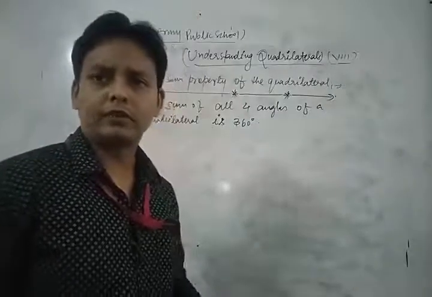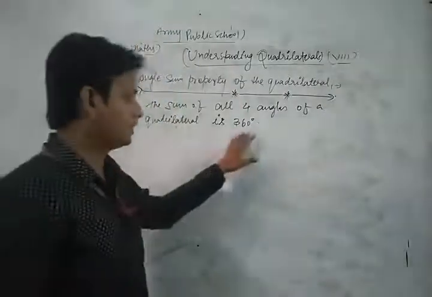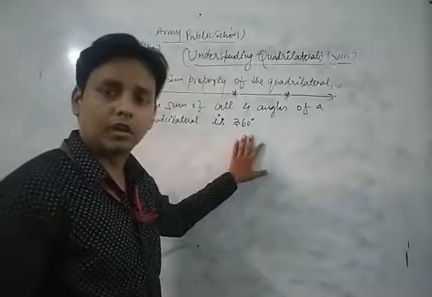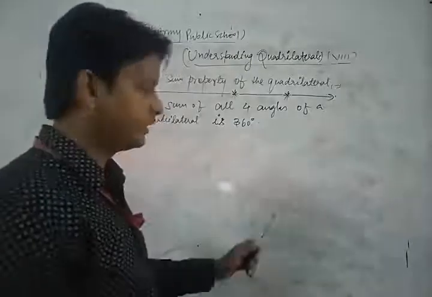The sum of all four angles of a quadrilateral is what? 360. Now we have to show that. Let's see, we discuss its proof.